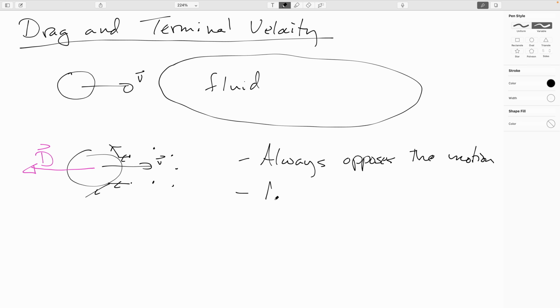Which means that the drag is anti-parallel to the velocity. So far, so good. This is reminiscent of friction for us. The difference is how we model the magnitude of drag.